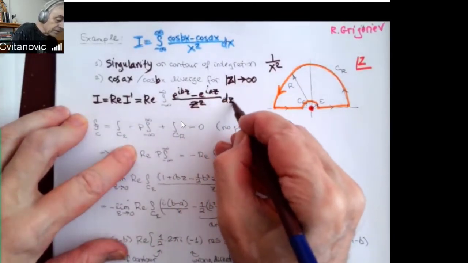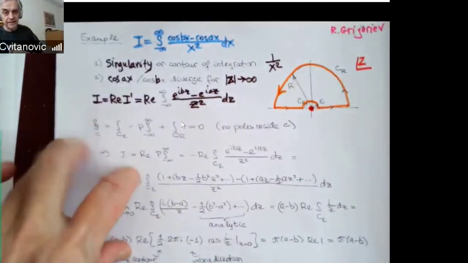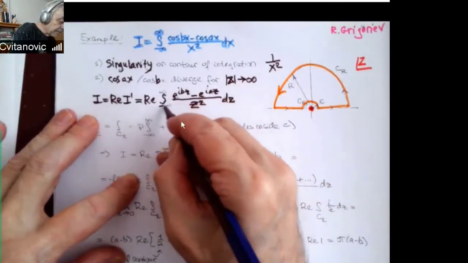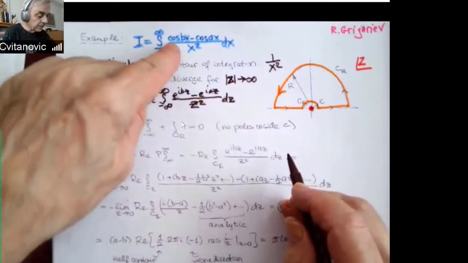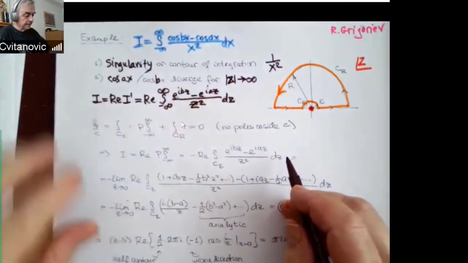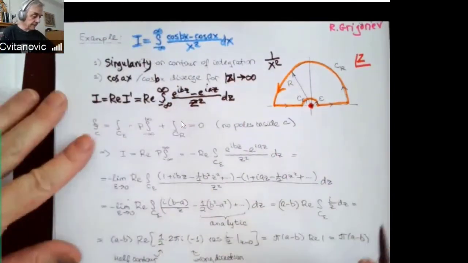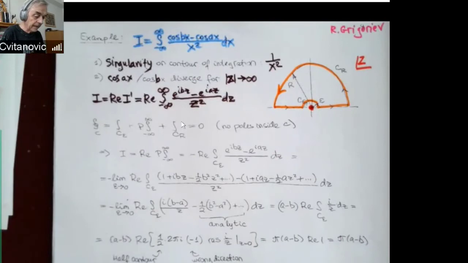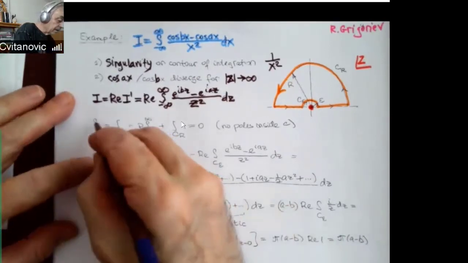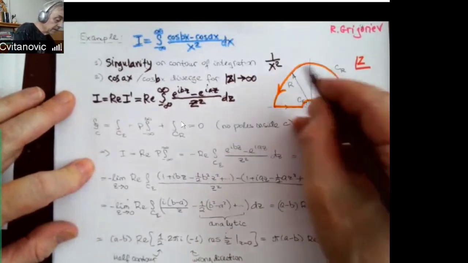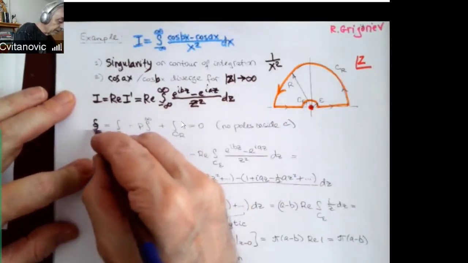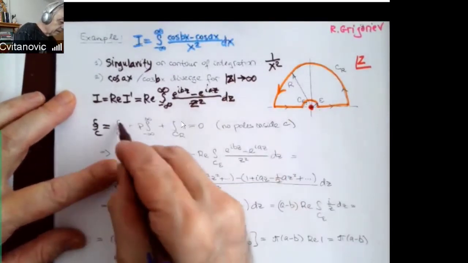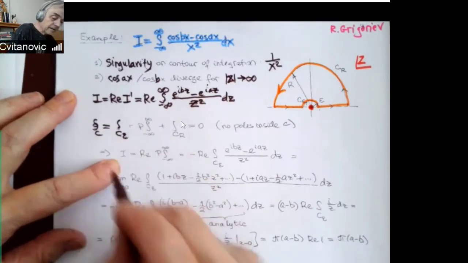I've only changed the integrand and only changed the letter, because the z on the integral doesn't have an imaginary part. But I've used Euler's formula to replace cosine and sine by the real part of a phase in the two-dimensional complex plane. And now I can draw a contour, which I always have to verify, which avoids, again, the origin here.